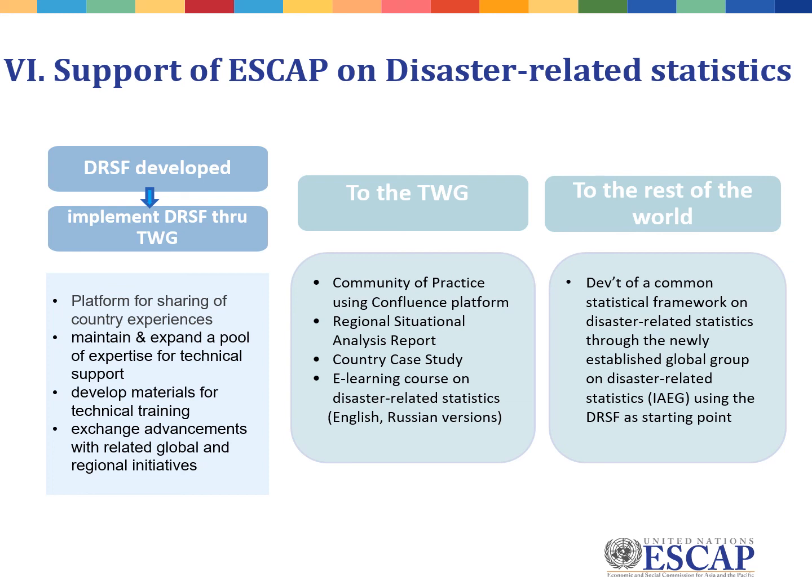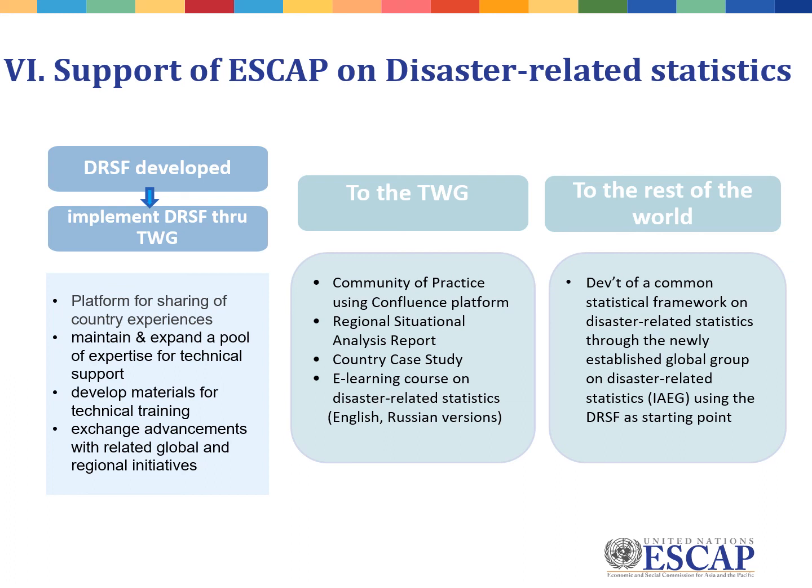And a reconfigured regional TWG and its terms of reference were approved by the Bureau of the Committee on Statistics in April 2019. Among its functions are to provide a platform for sharing of country experiences, maintain and expand the pool of expertise for technical support, and develop materials for technical training, among others.